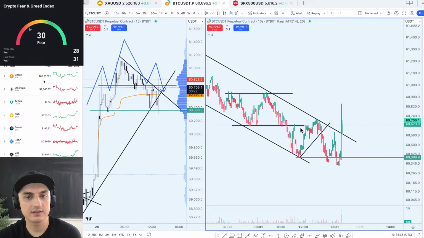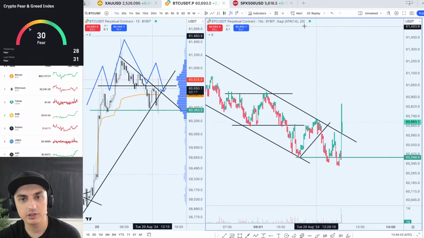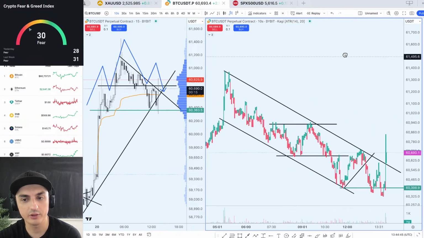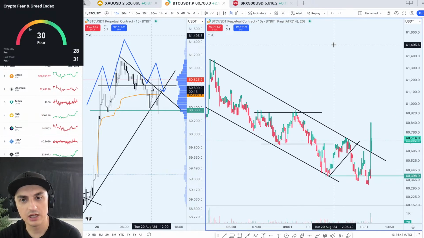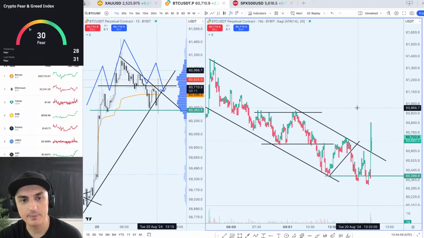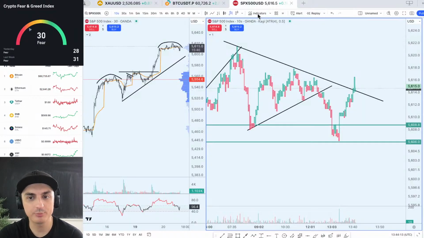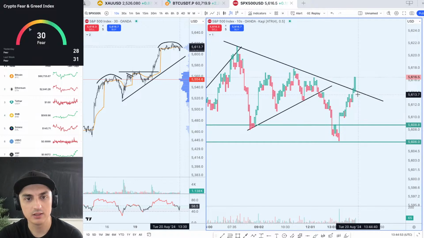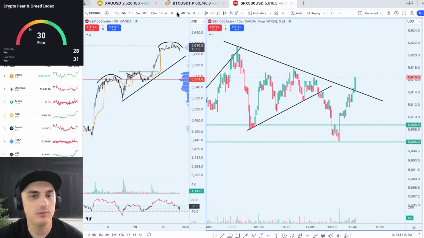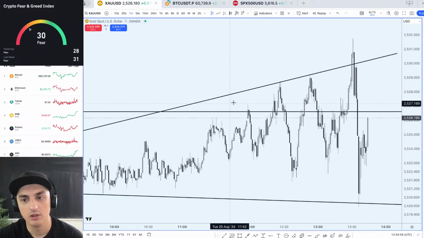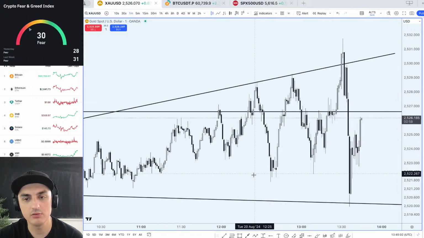So the markets overall are making pretty similar price action right now. We got this push to the upside on Bitcoin. We got a push to the upside on S&P. So right now they're kind of in the same directional move, and gold as well.